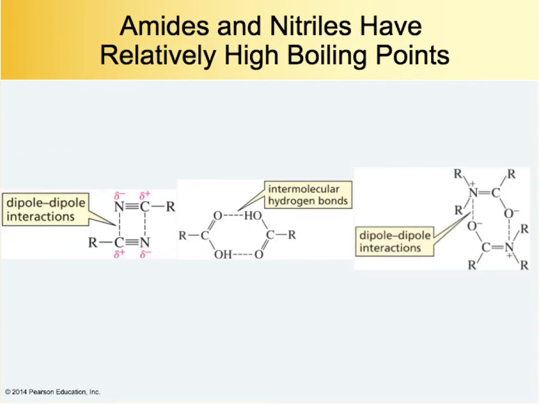All right, so here's just a picture of that. You can see the strong dipole interactions here, and here you see the nice hydrogen bonding dipole interactions with an amide. So amides have really strong interactions because the nitrogen can donate electron density so well.